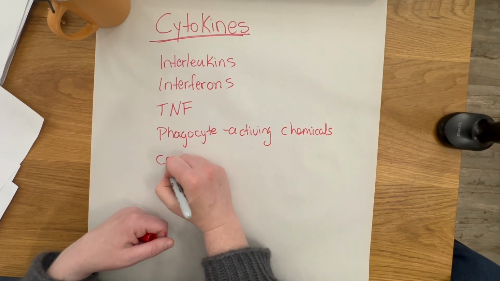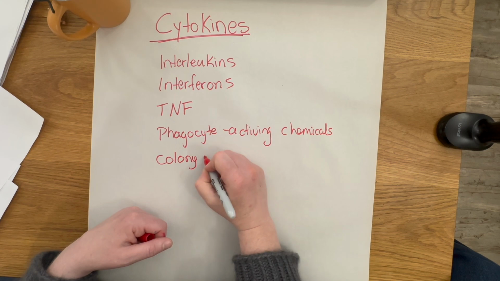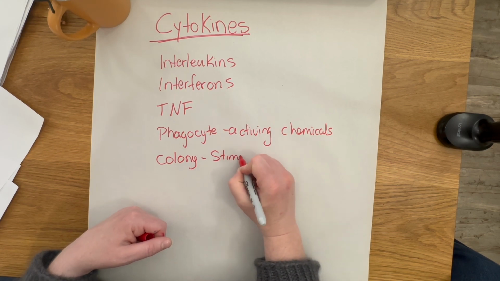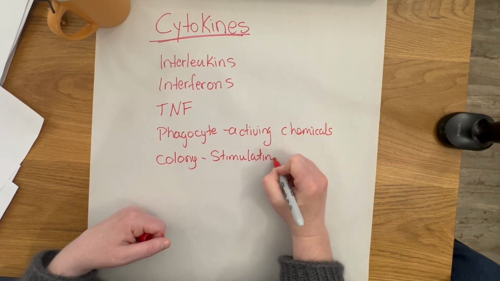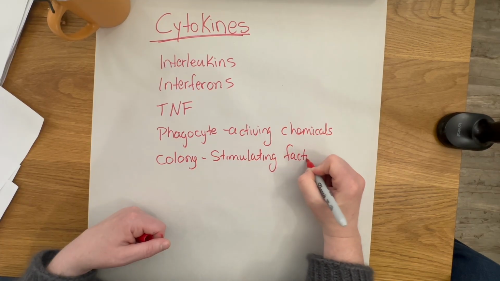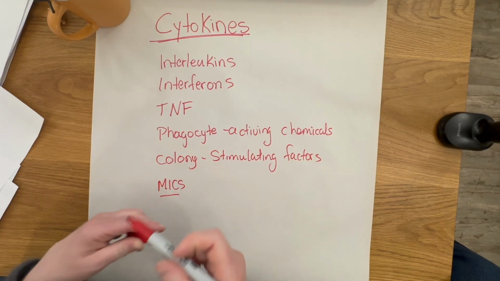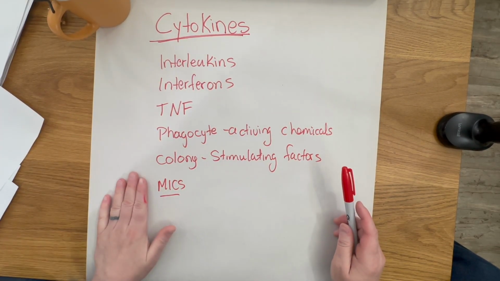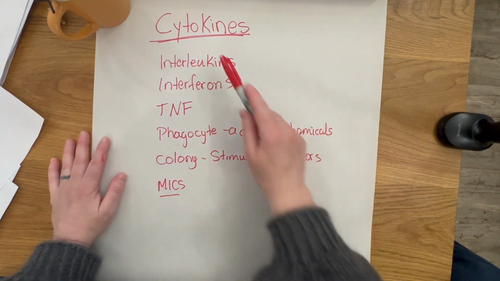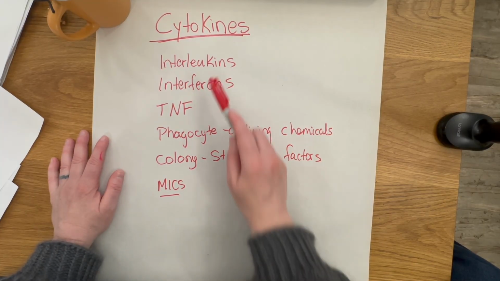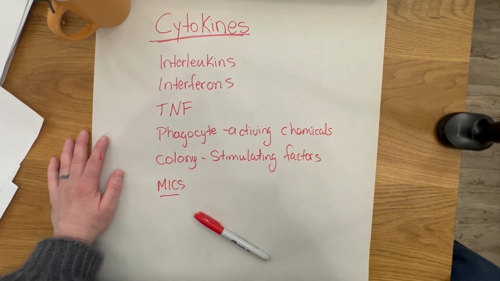And we have colony stimulating factors. And then we kind of have a miscellaneous catch-all category of cytokines. So we have these 6 main categories, and we're going to break this down a little bit and talk about each one of them individually.